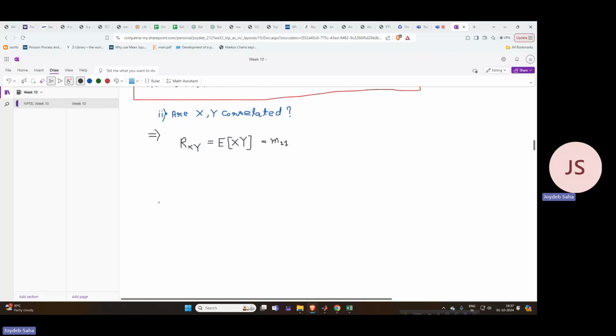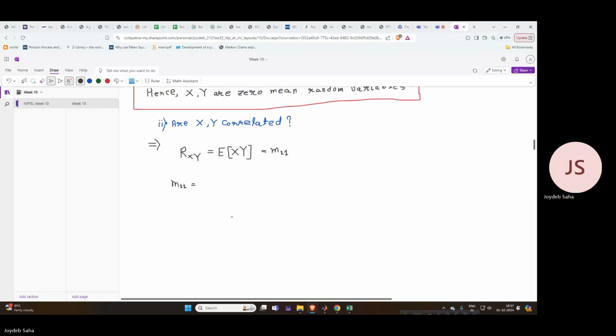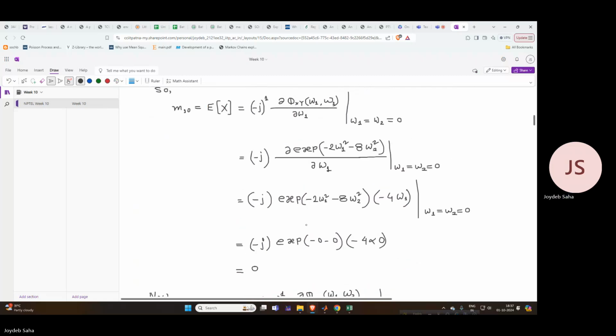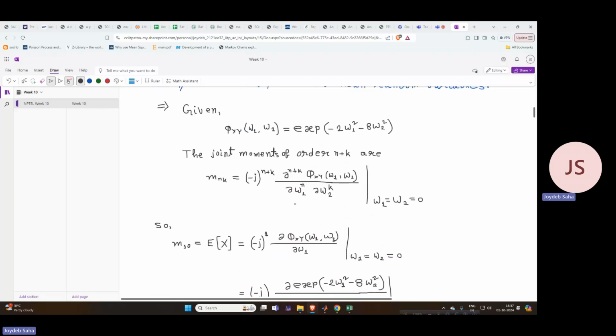Okay, let us write. M11, we will use this expression.